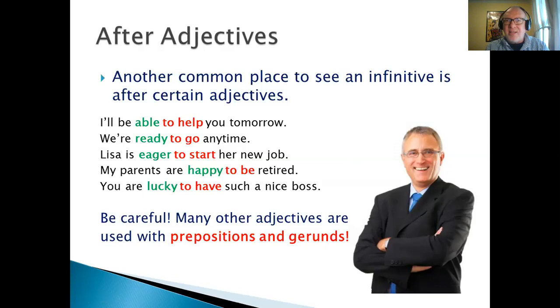Or you could say, I'm excited to go to the beach, right? If you have an adjective with a preposition, you want a gerund. Remember, we always use a gerund with a preposition. So be careful. Sometimes you have an adjective with an infinitive. Sometimes you have an adjective with a preposition and a gerund. So it all depends on what the adjective is. So there are two kinds.